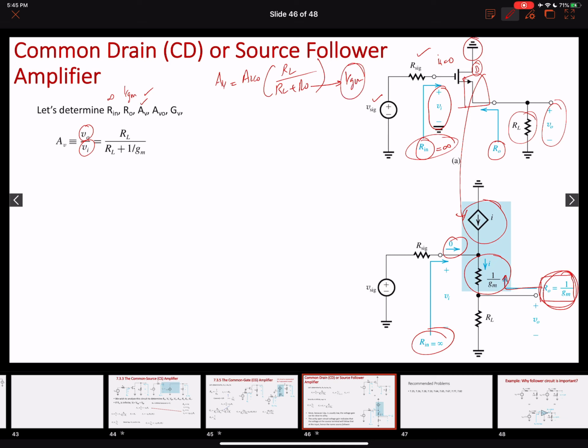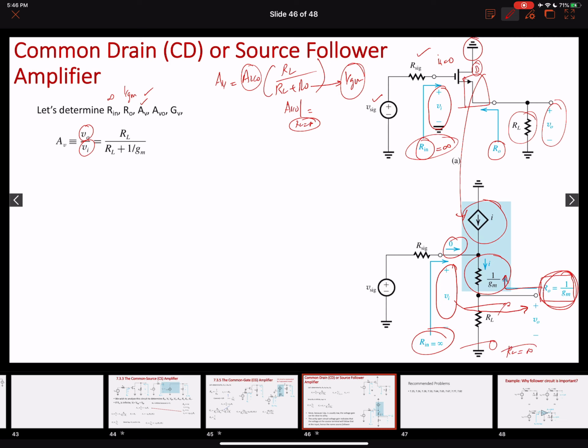Let's find out the value of AV0. We know that AV0 is the voltage gain when the load resistance is infinite, right? Now, interesting thing, look over here very closely: when this load resistance is infinite, this becomes an open circuit. Then whatever value appears over here, the same value is going to appear over here.